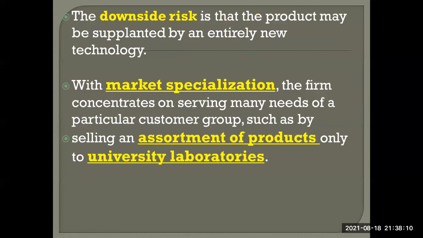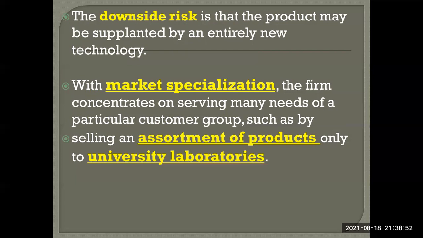The downside risk is that the product may be supplemented by the entire new technology. Suppose take the example of Nokia or any company which is manufacturing landline phone. They have product specialization in landline phones, and they are supplying phones to various markets, maybe to the B2B market, maybe to the residential houses, and maybe to government, to industry, and to end household customers.